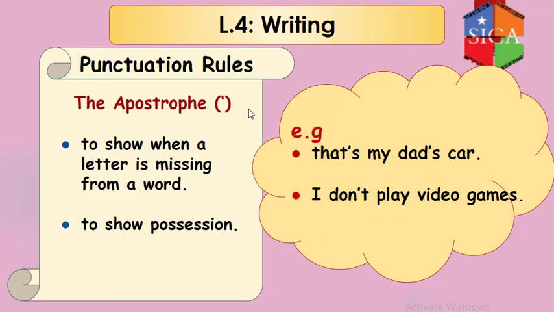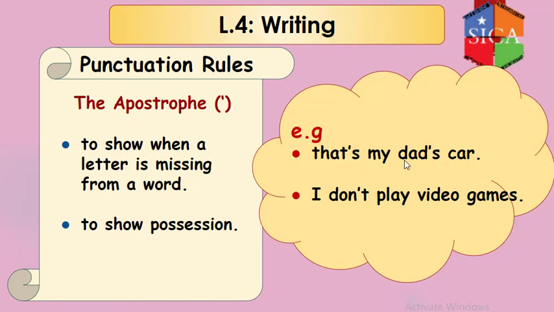The apostrophe. It looks like the comma, but we use it in the upper case, or above, to show when a letter is missing from a word, or to show position, like that's my dad's car.